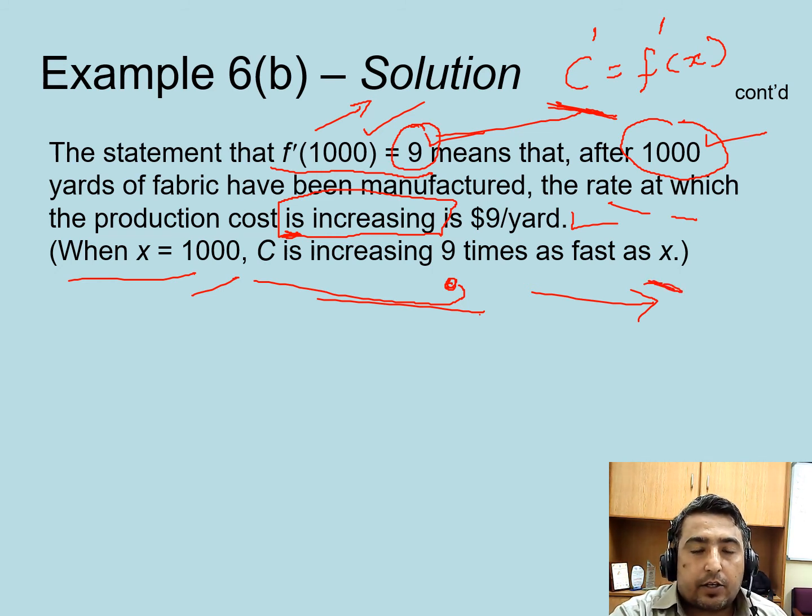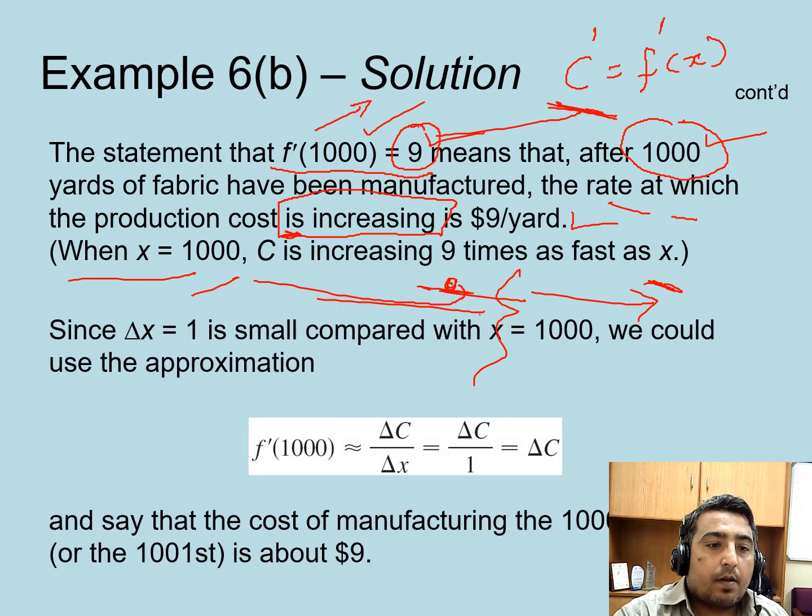So at the start, for example, there was one cost, and after 1000 yards the cost increases 9 times. Now this delta x is small compared to this one, so we could use the approximation delta C and say the cost of manufacturing.